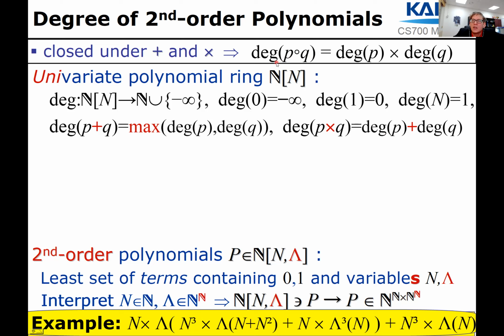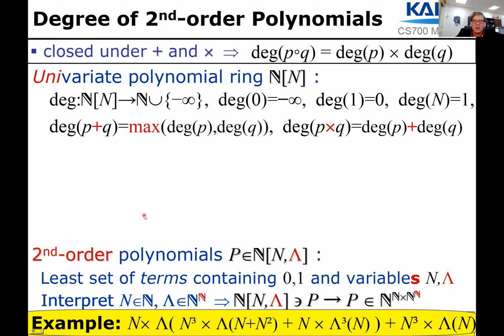So in a sense, the degree behaves maybe a little bit similar to a derivative or like a logarithm. So addition becomes maximum, product becomes addition, and composition becomes product of the degrees.